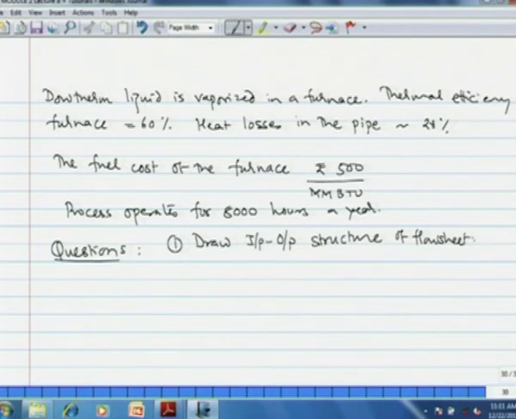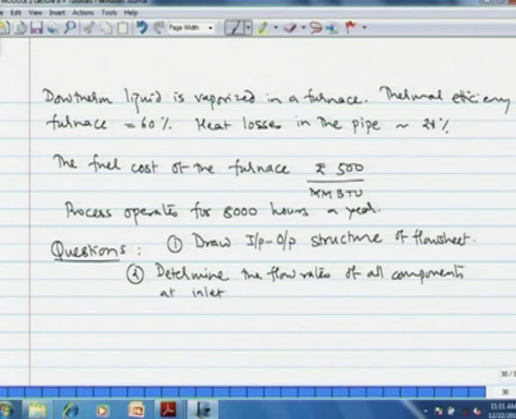Next, determine the flow rates of all components at inlet and outlet of the process.